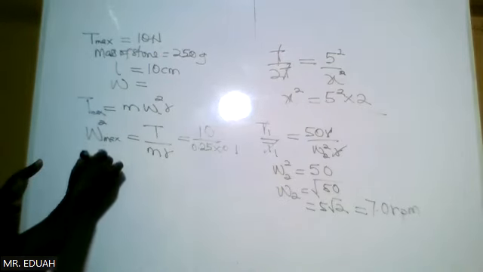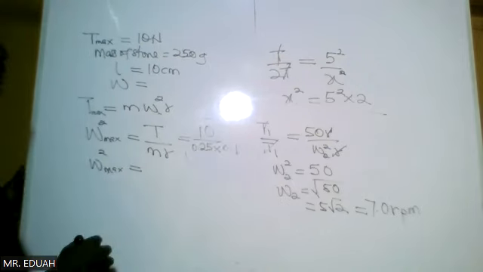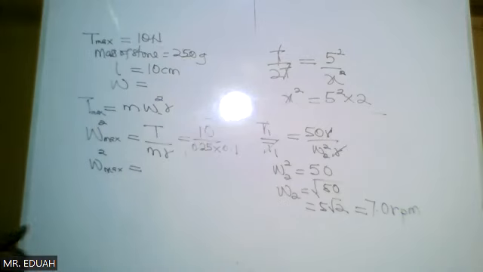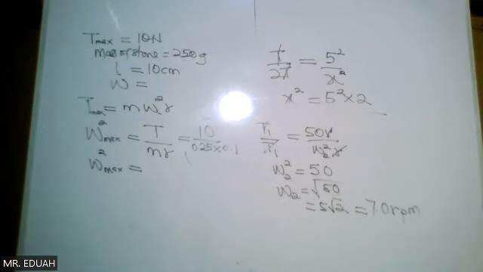So help me calculate this. 10 divided by 0.25 times 0.1. It's 400.